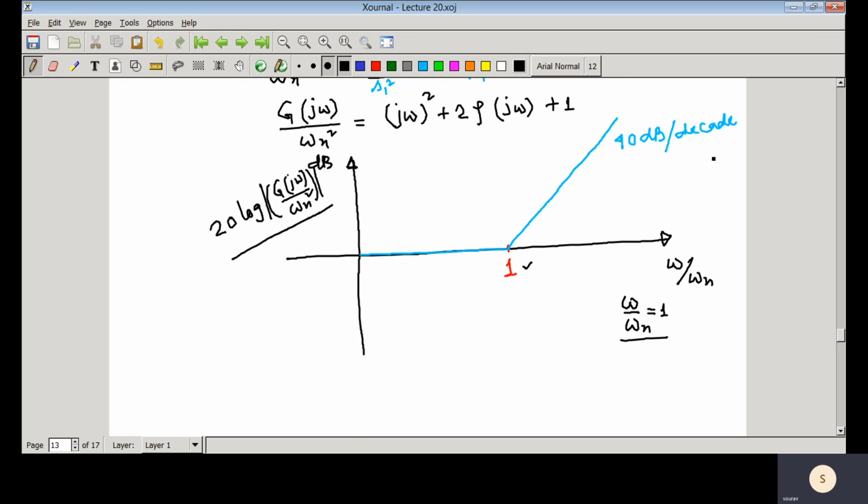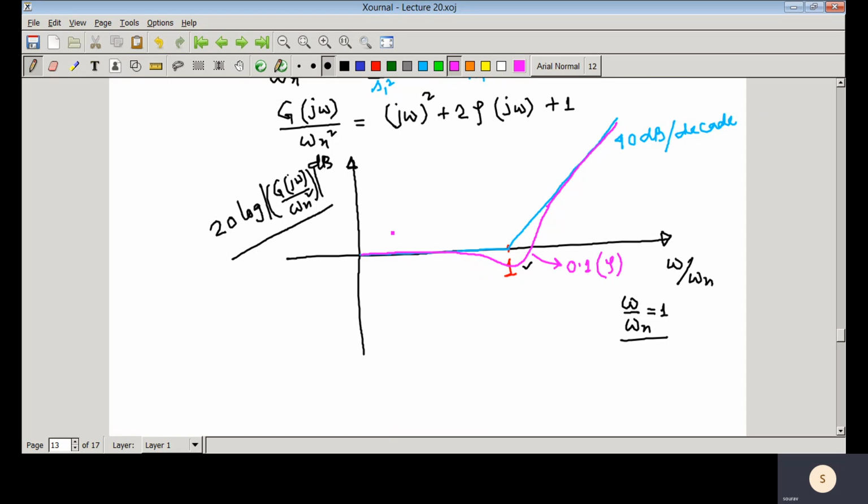And here, what would be the correction at this particular point? That means at corner frequency, we can see it here, whenever zeta is small, suppose this is 0.1, when zeta is 0.1, the correction would be like this.